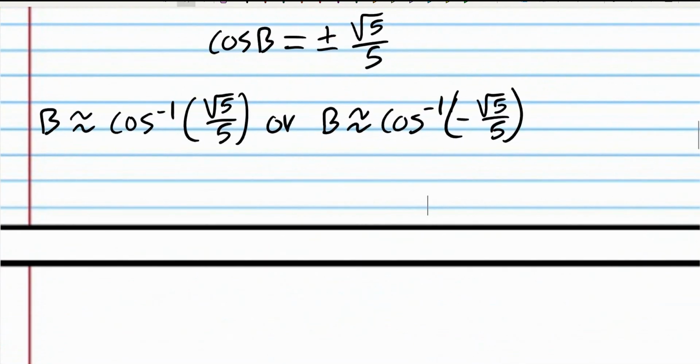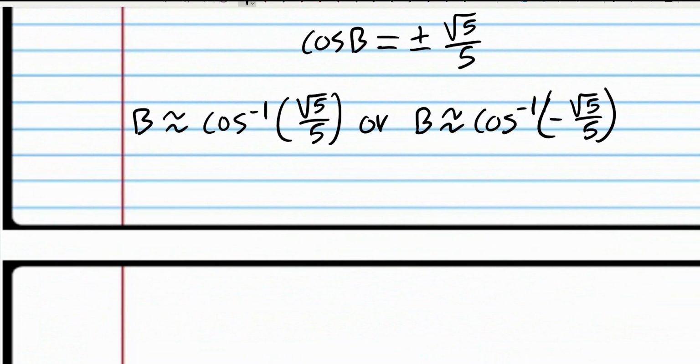Okay, so b is approximately equal to 63.43 degrees, and over here, let's see what that number would be. I get 116.565.